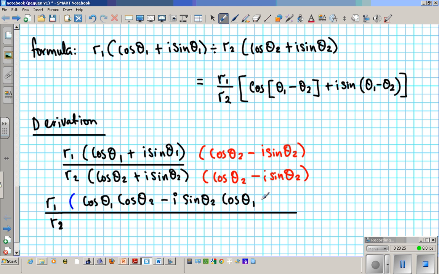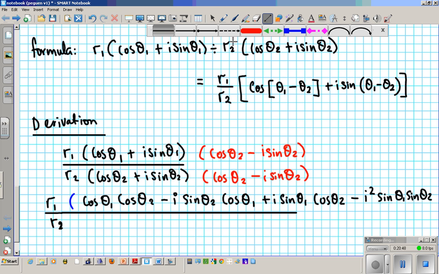Then inner is going to be plus I sine theta 1, cosine theta 2. And then last is going to be minus I squared sine theta 1, sine theta 2. That's for the numerator.